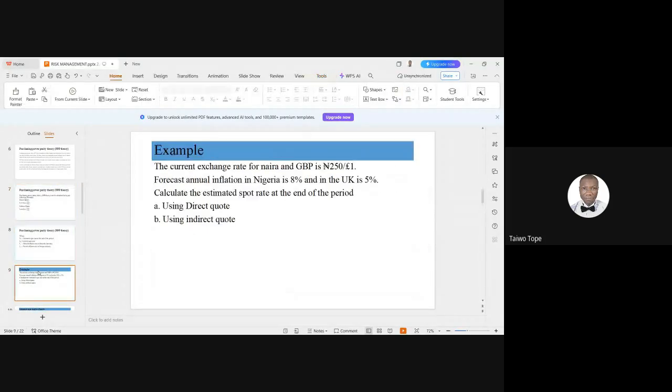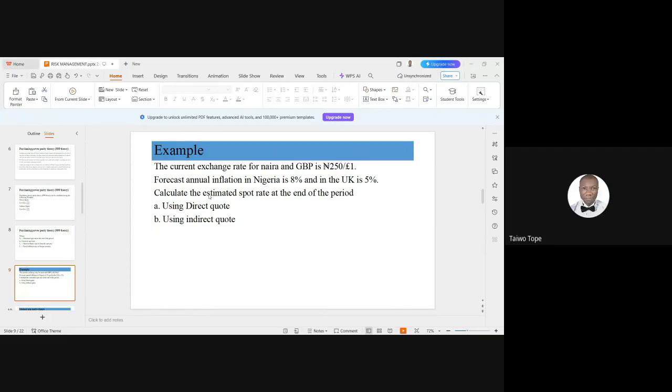The question I would like to ask is this: which country is the domestic country now? Nigeria, I think. So why is it Nigeria? Because we're in Nigeria. I think based on the question, we are given that the rate is 250 to $1.